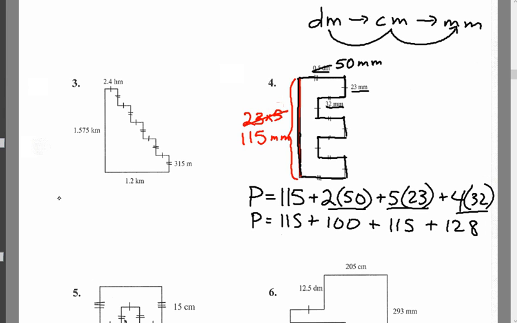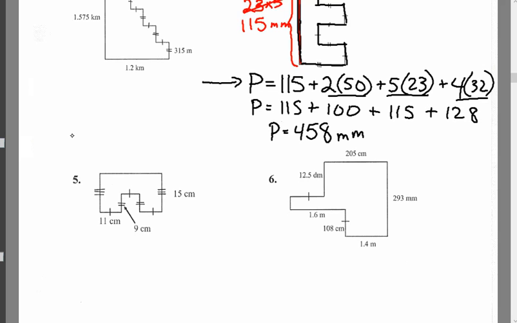And when I add all of those up, what do I get? I believe, I'm doing this without a calculator, so you might want to check my work. 458 millimeters. Yep, I'm pretty sure that's what it is. 458 millimeters. Single expression, a little tricky. That's what you should be able to do.